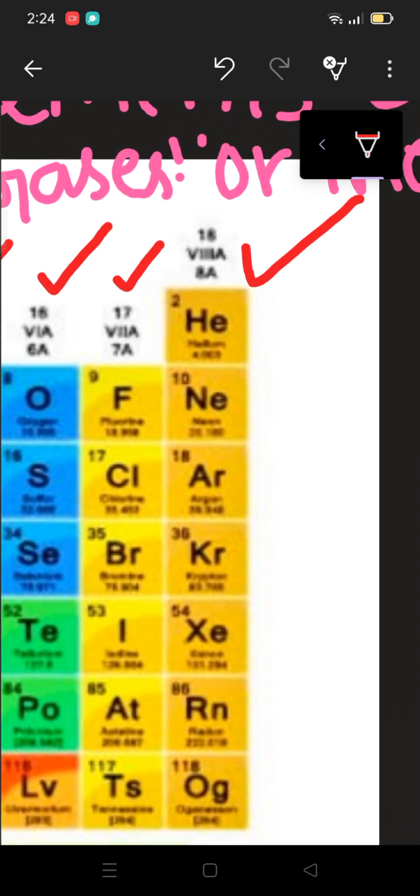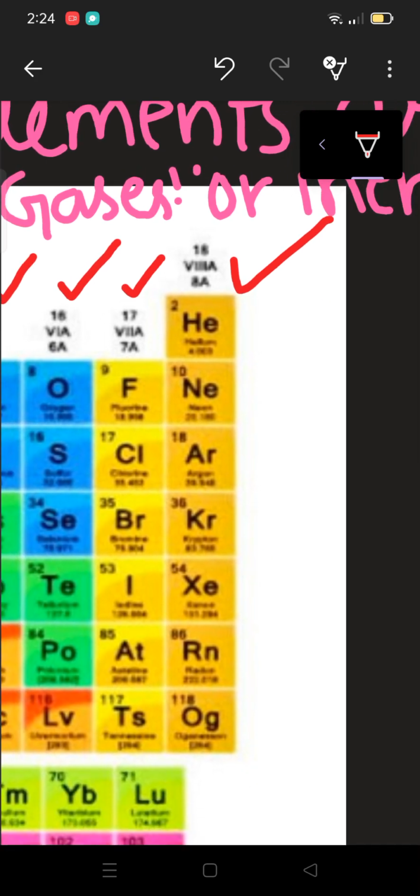But now, as I talked about the 8th A group, we know that groups represent the valence electrons. So the 8th A group will have 8 electrons in their outermost shell. So they don't need to react with any other element in order to make themselves stable. They don't need anything. That's why they are known as noble gases or inert gases, because they don't react with any element.